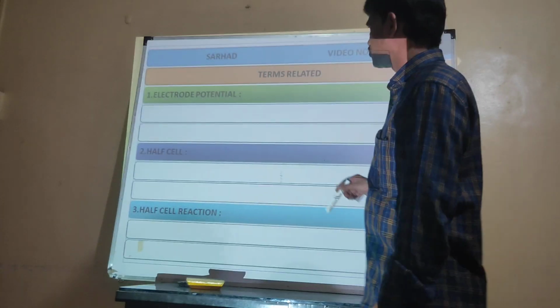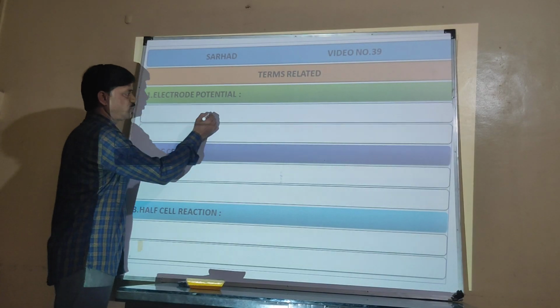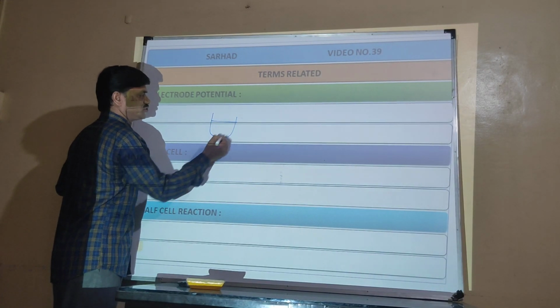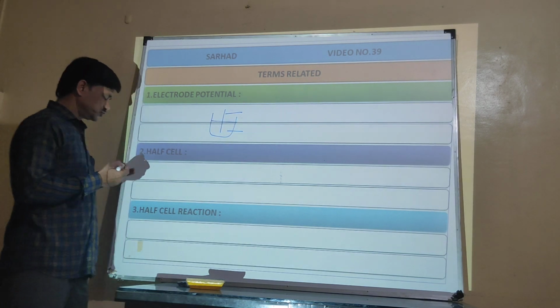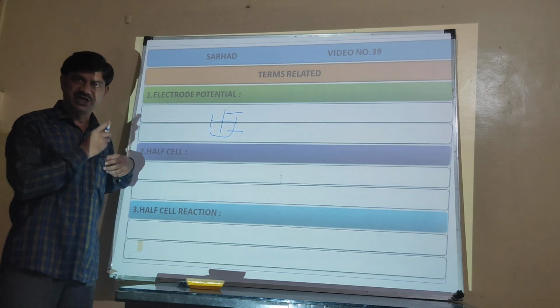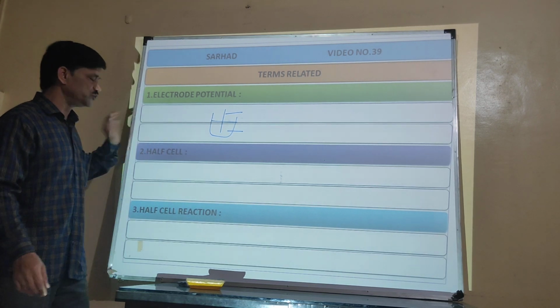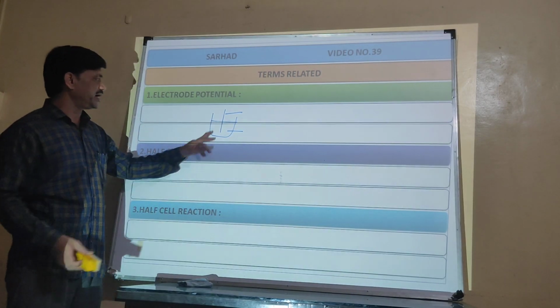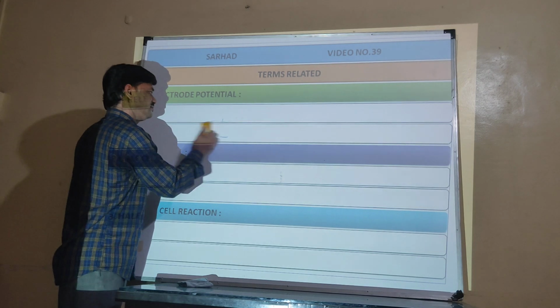Consider this type of construction. Suppose this is a vessel containing solution, and this is the electrode. This is nothing but a half cell, that is zinc in contact with Zn+2 ion, or zinc in contact with ZnSO4 solution. The potential developed across such an electrode is called electrode potential.